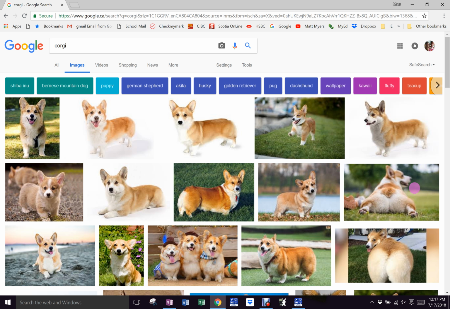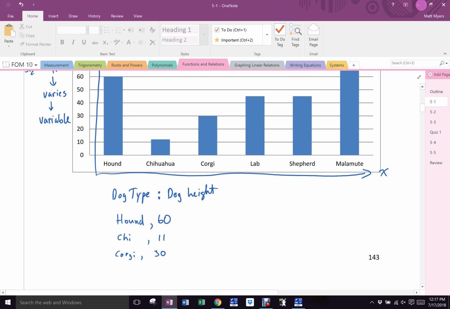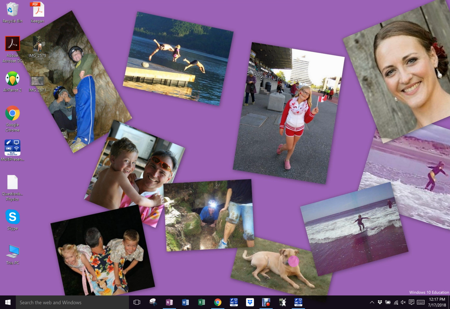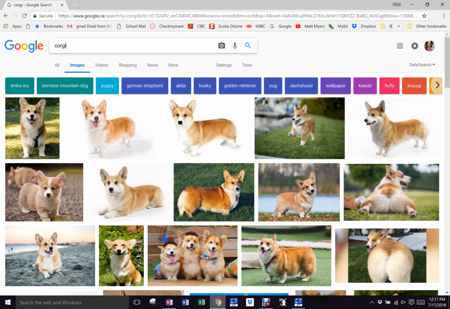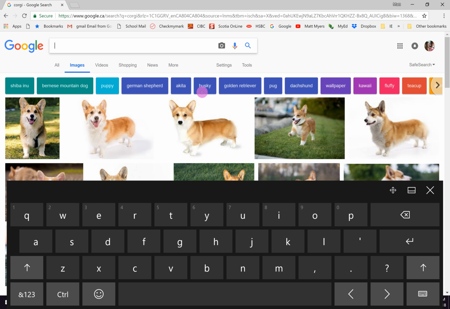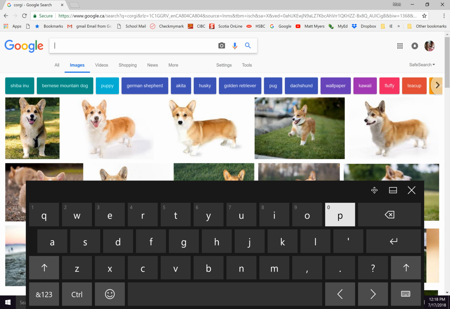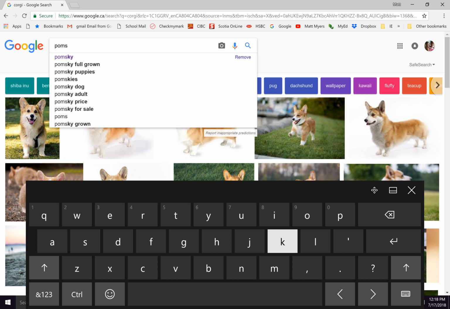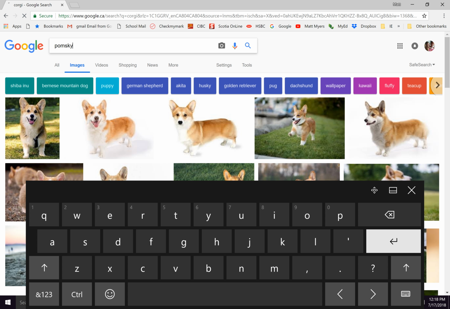Now, my personal favorite dog is, of course, that dog. That's my dog. He's a shepherd lab. His name is Cooper. But in actual fact, if I had an unlimited amount of money and I was willing to pay thousands of dollars for a dog like crazy people do, I would get a Pomsky.